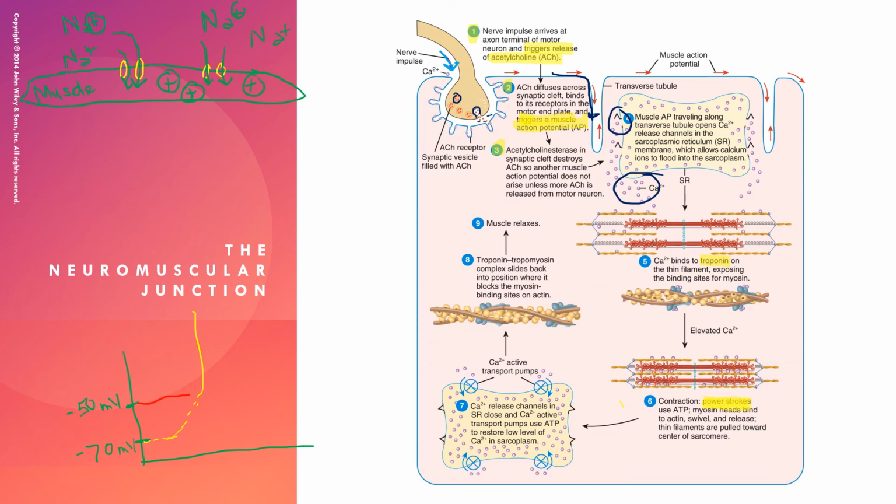And then calcium actually is transported back into the SR so that we don't have this continuous contraction because we have lots of calcium around a cell. We actually want to put that calcium back into the sarcoplasmic reticulum and restore that low level of calcium in the sarcoplasm so that we can actually allow the muscle to relax.